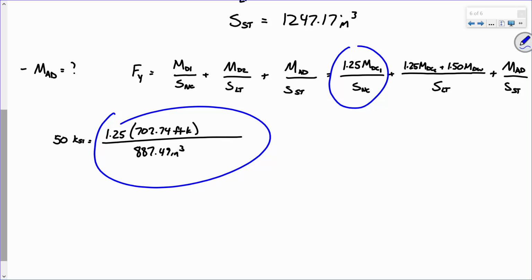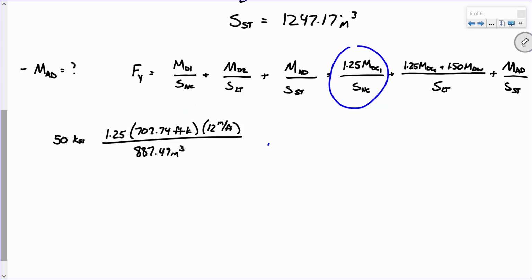What's wrong with that fraction, though, before I do anything? Units. I've got to multiply this by 12. Does that make sense? Okay, let me erase this and clean that up.